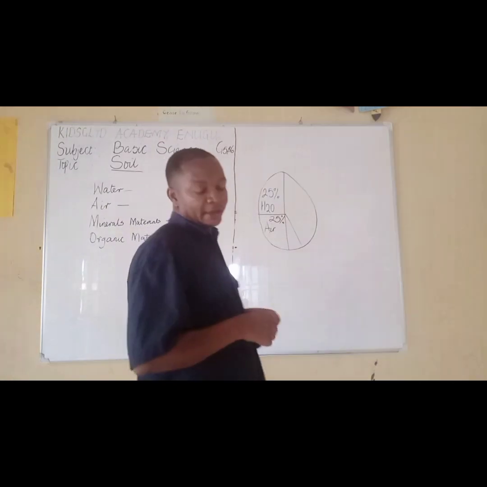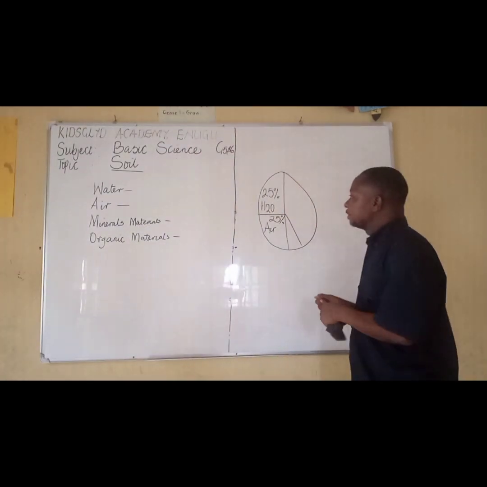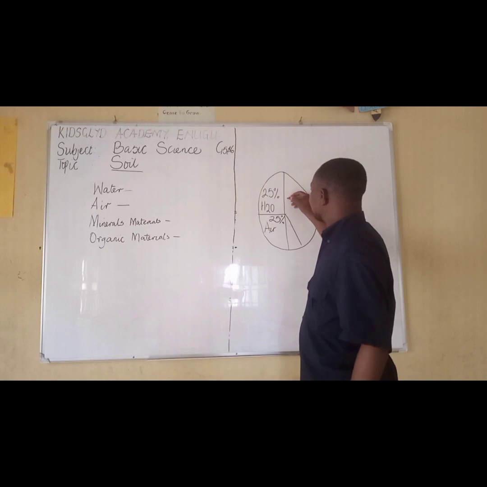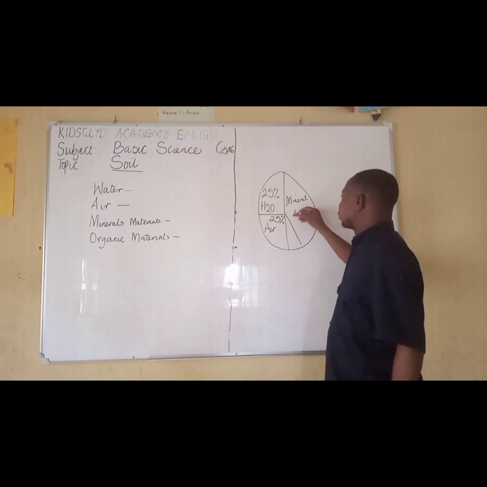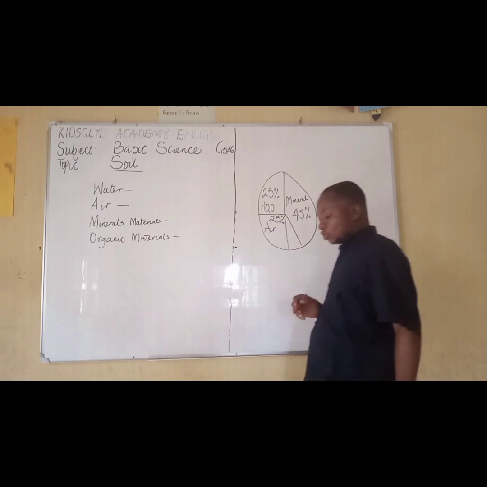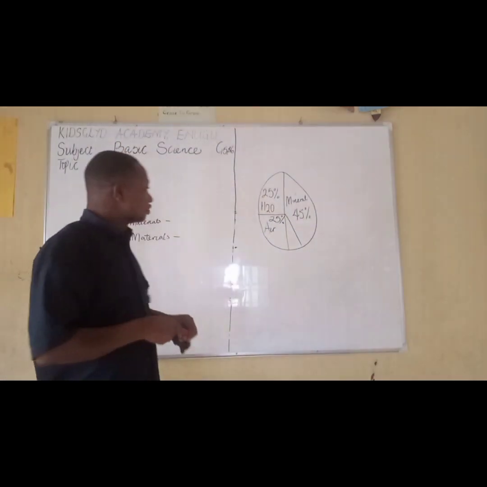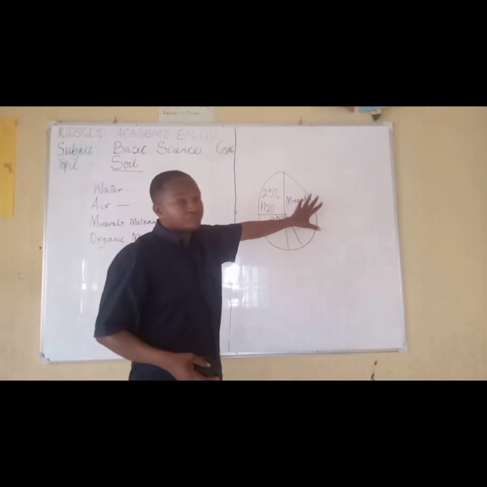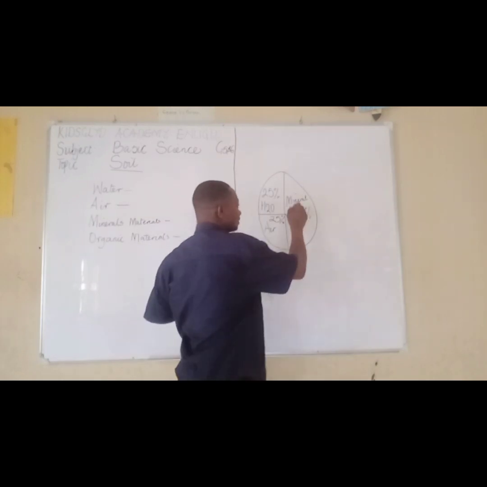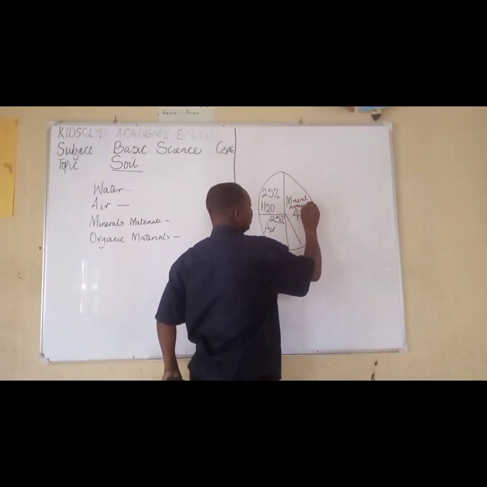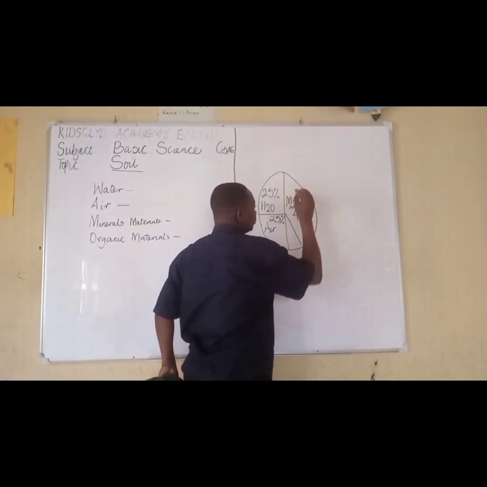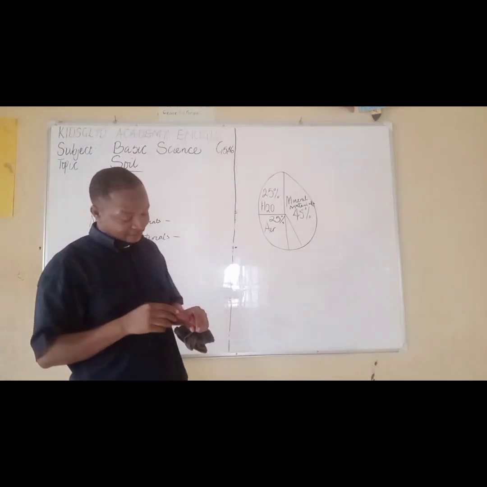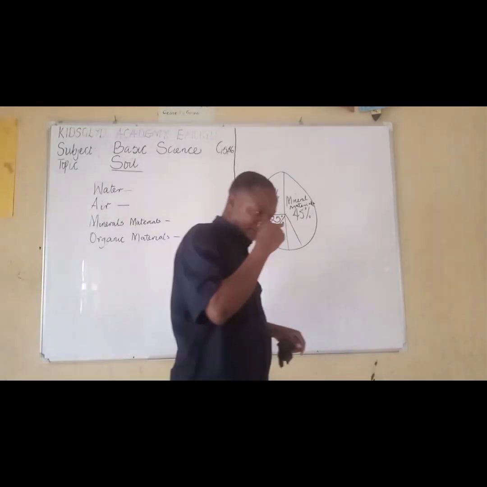Then, also we have the mineral materials. This mineral matter is 45% of the soil space. And what are these mineral materials?